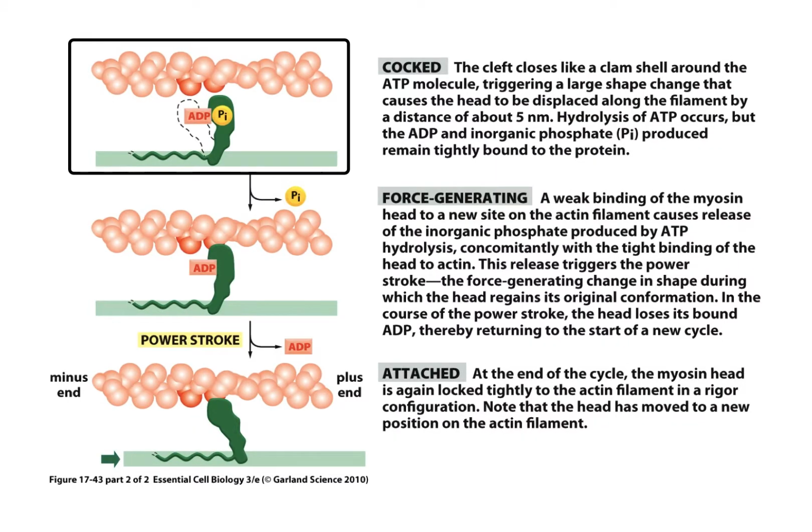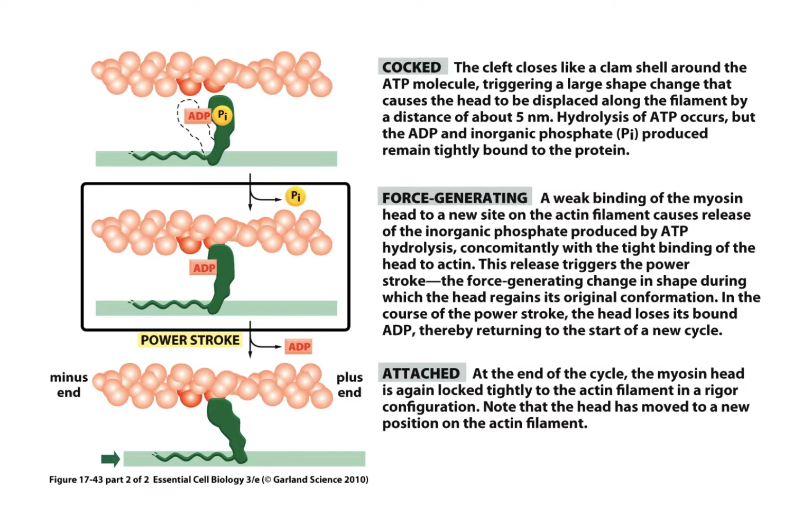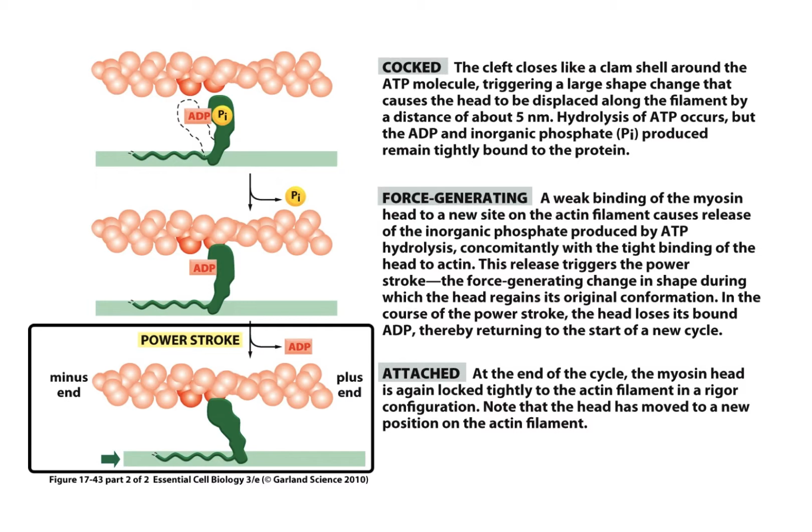The head then becomes dephosphorylated, and that causes it to attach to the actin filament. It then loses its ADP, which causes a conformational change in the head, and then you get the power stroke from that, moving the actin with respect to the myosin, or moving the myosin with respect to the actin, whichever way you want to look at it.